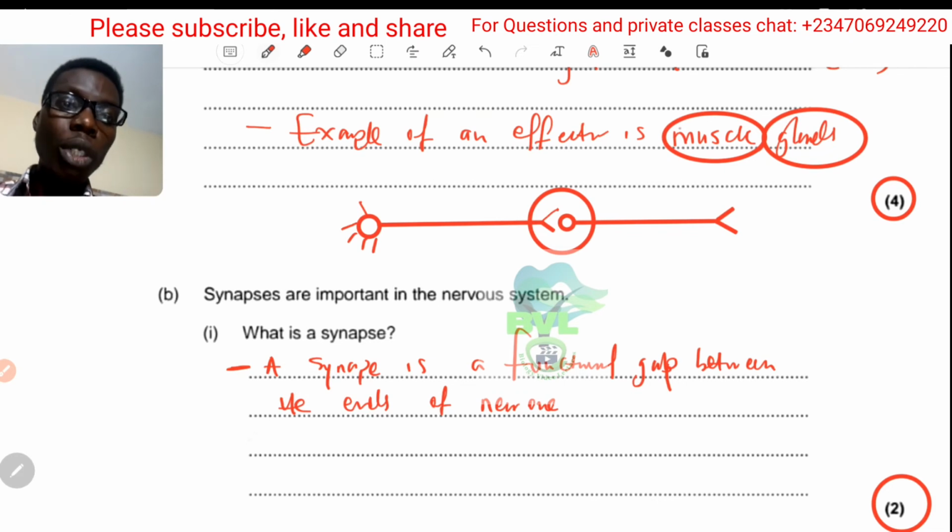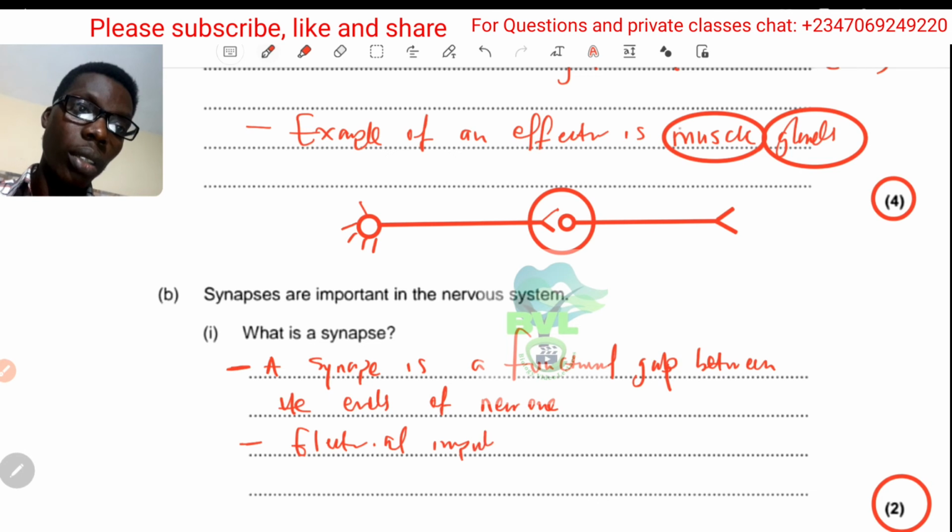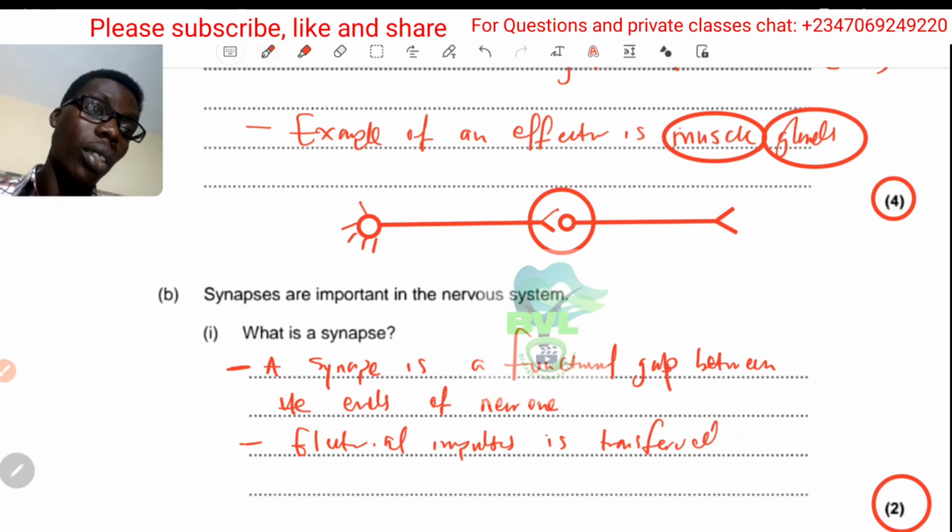Now, the next thing we need to talk about is electrical impulse. Electrical impulses are transferred through neurotransmitter at the synapse.